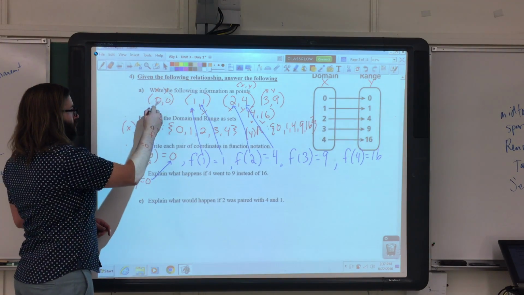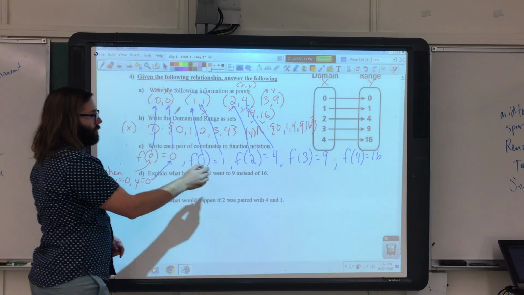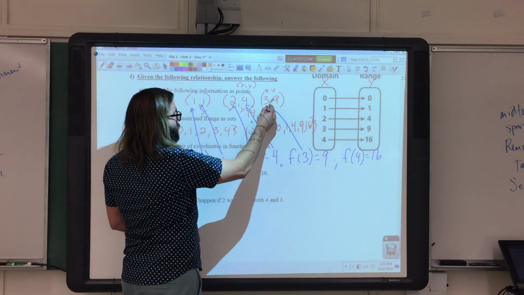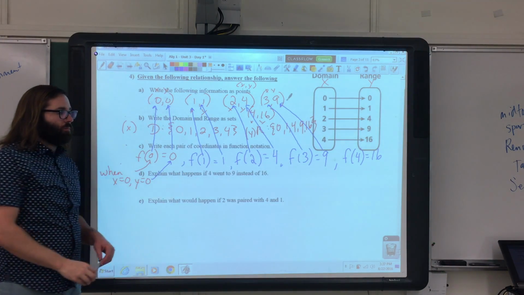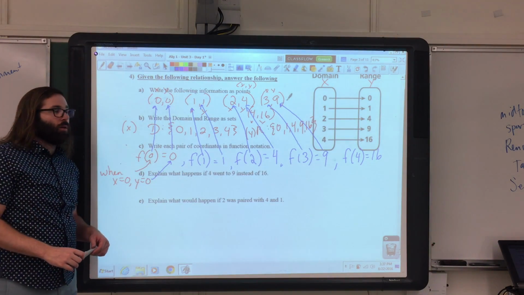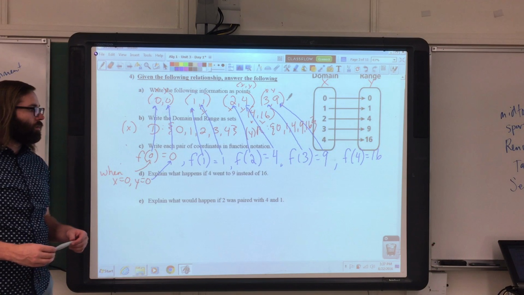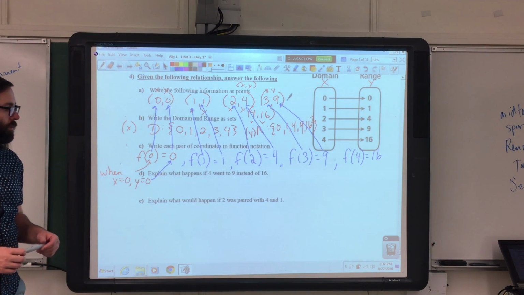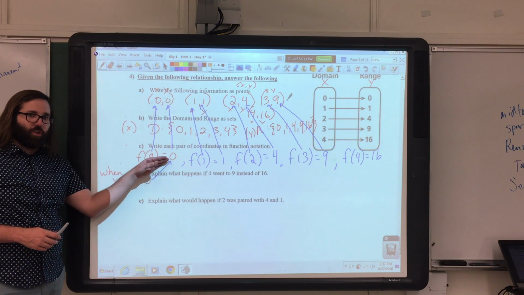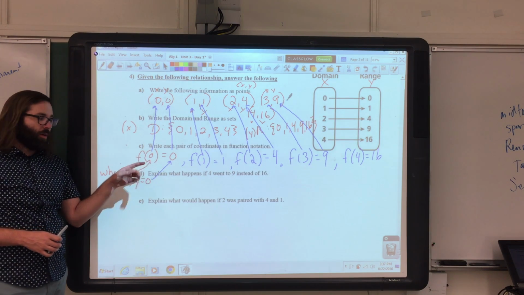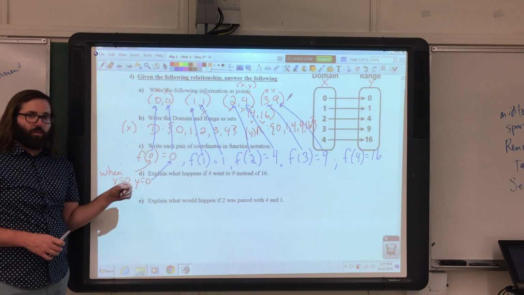When x is 3, y is going to give you 9. And that's all function notation is, that's all it's asking you to do. Plug in your x's and your y's.